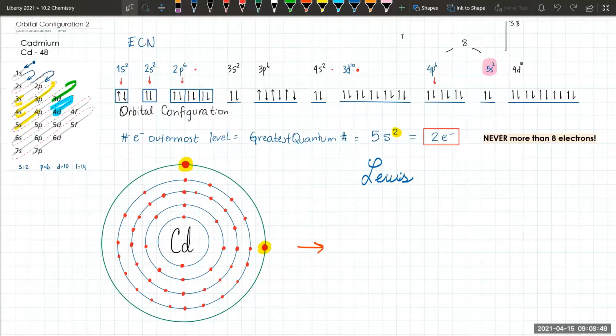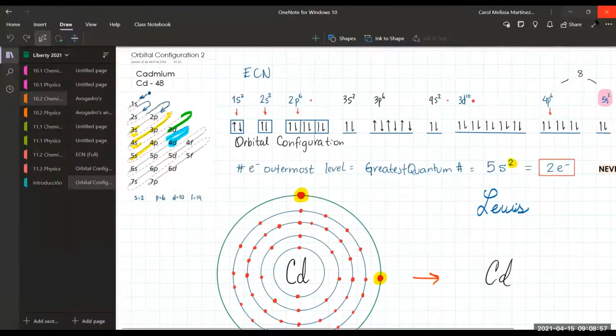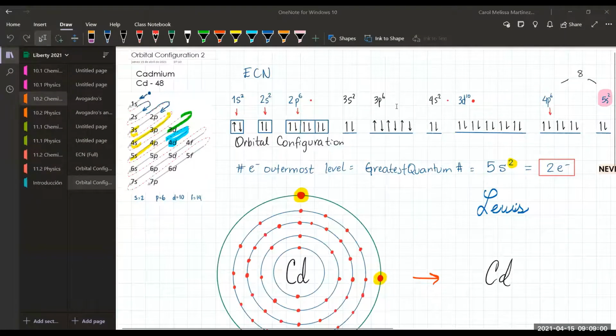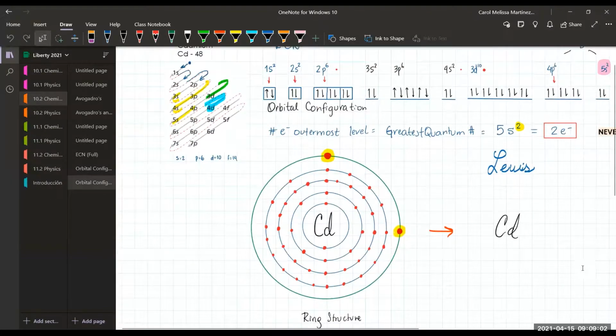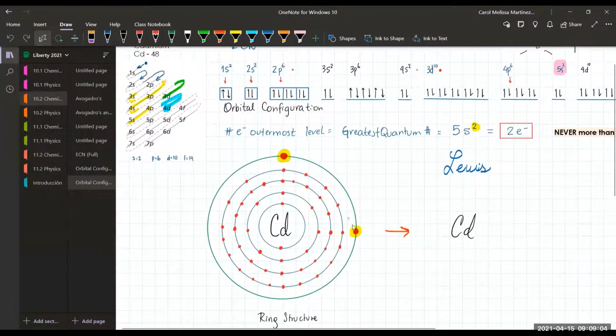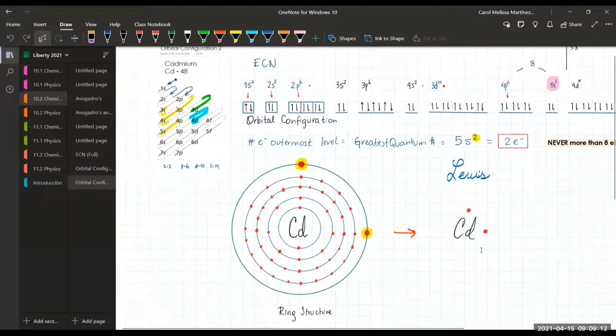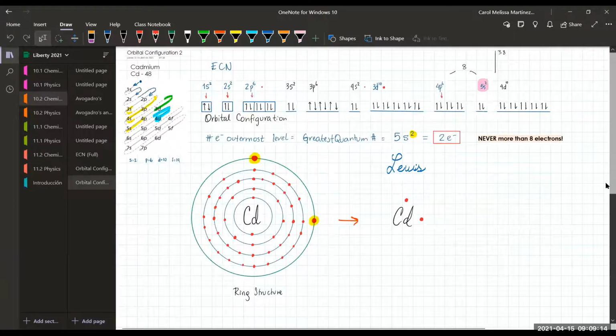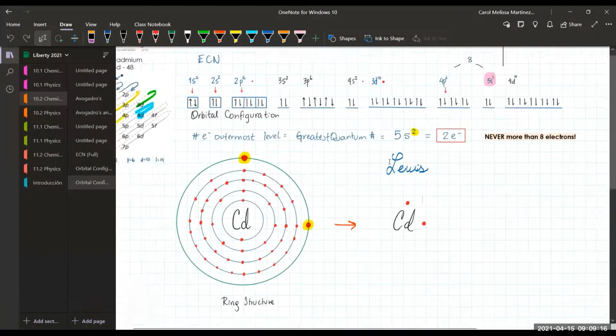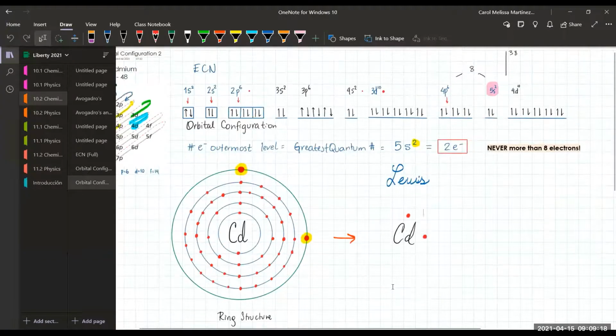So for Lewis, you're going to need the symbol and the electrons in the outermost level. You have 2 electrons in the outermost level, 1 and 2. So those are the only electrons that you're going to put. And voila, that's it. As you can see, this topic is quite simple. It requires a lot of work, but it's easy work to do.